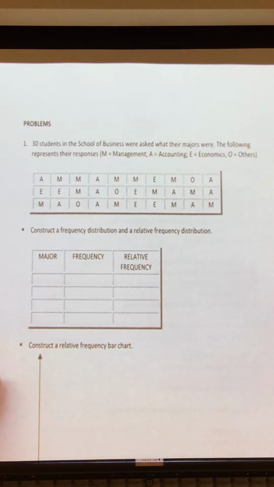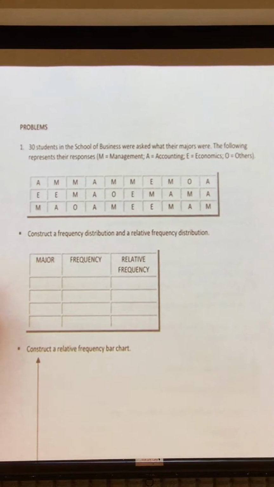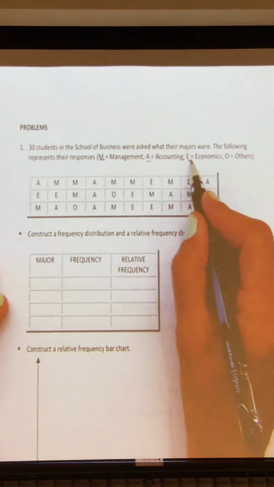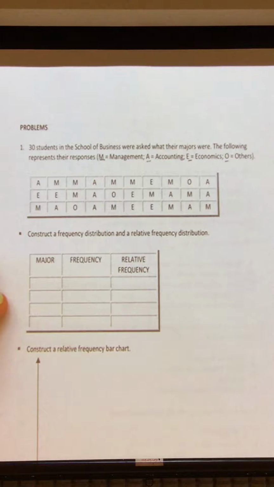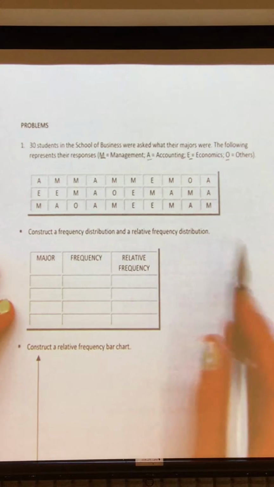Problem number 1. 30 students in the School of Business were asked what their majors were. M is management, A is accounting, E is economics, and O is others. Construct a frequency distribution and a relative frequency distribution.